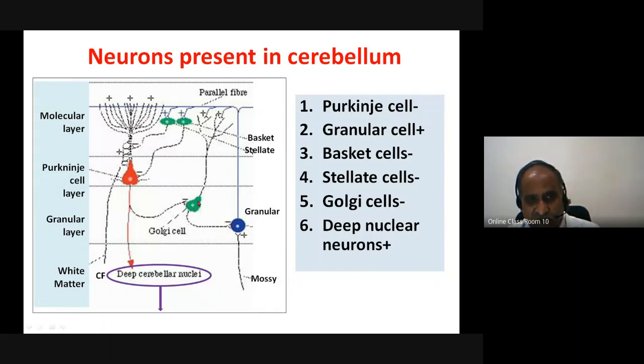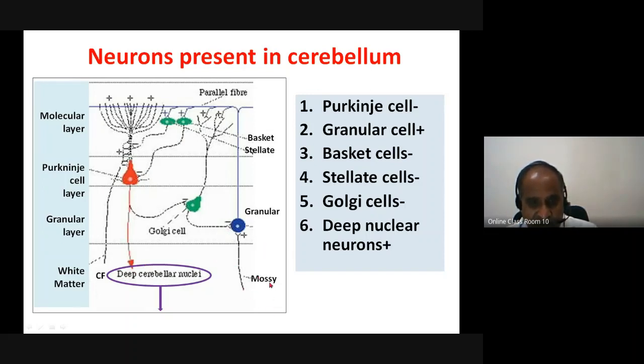This is a Golgi cell. This Golgi cell has a contact with the granular cell, and these are intersected by the parallel fibers of the granular cells, the granular axons. Now you have the deep cerebellar nuclei, and between the deep cerebellar nuclei and this layer is the white matter.